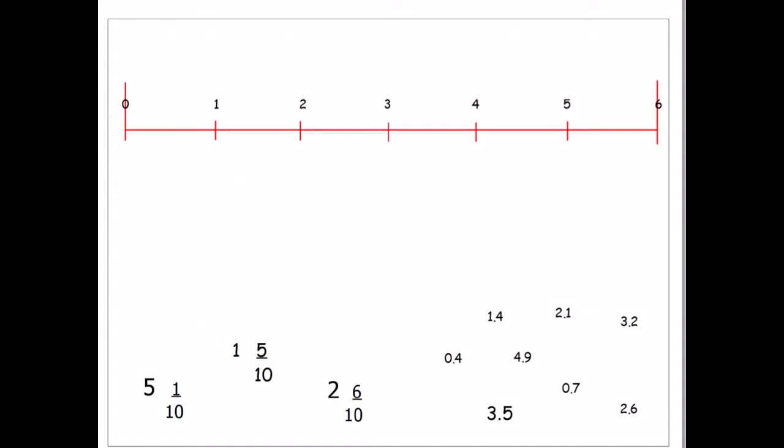Okay, let's see if we can sort these fractions and decimals onto our number line.